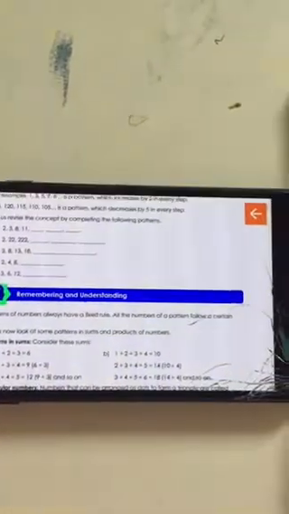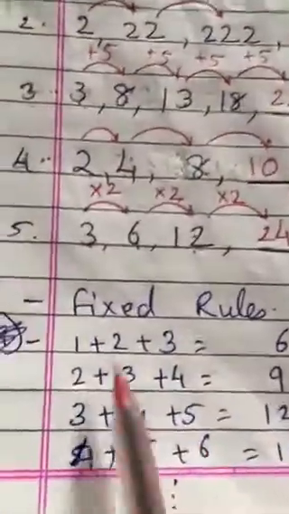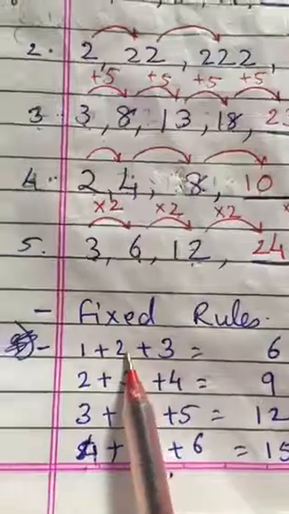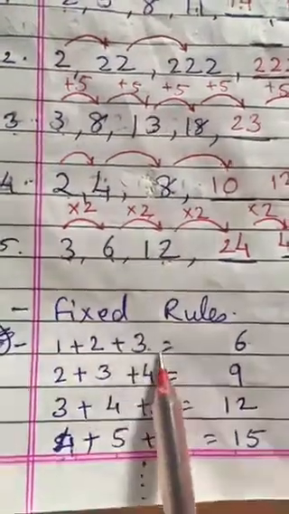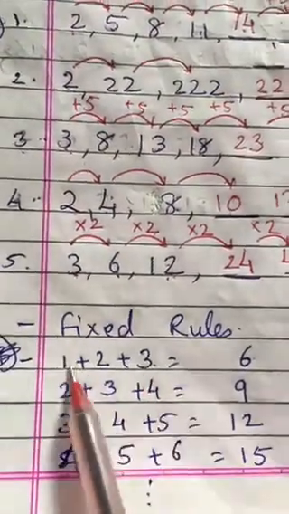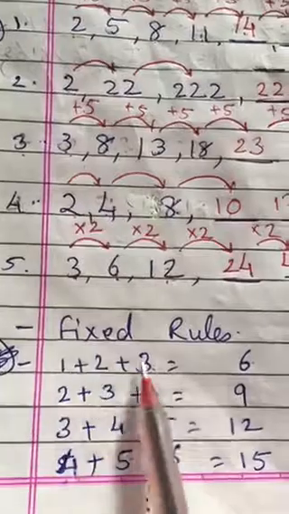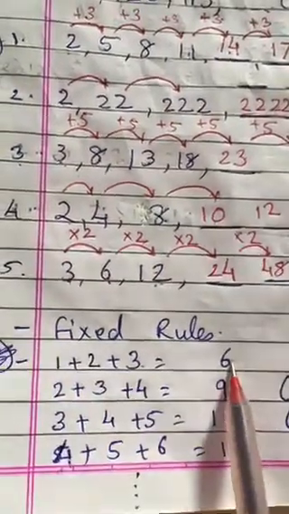Now here I'll show you one example. Consider this sum. Here 1 plus 2 plus 3 is equal to 6. If you see these three numbers, they are consecutive numbers, meaning back to back numbers, one after another. The total of these three numbers is 6.